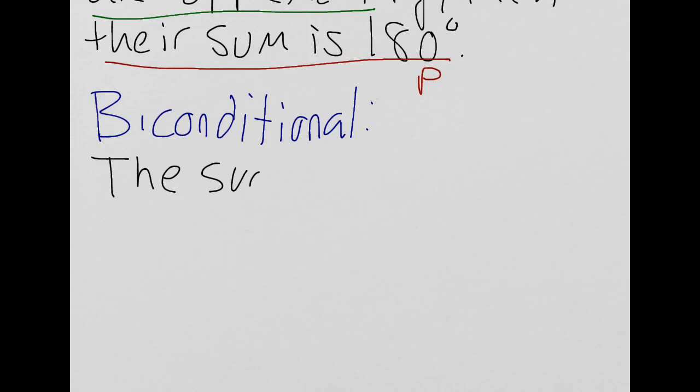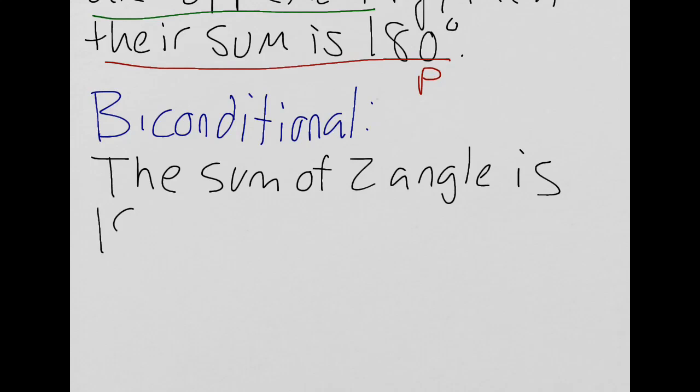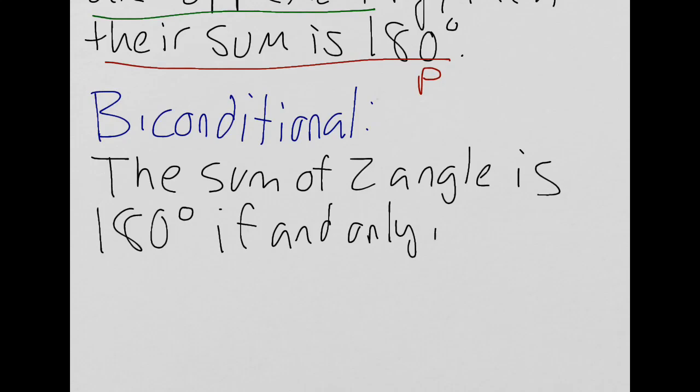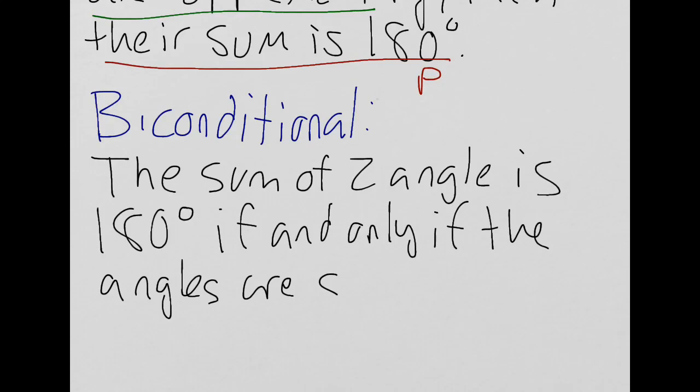So our biconditional for this is: the sum of two angles is 180 degrees if and only if the angles are supplementary.